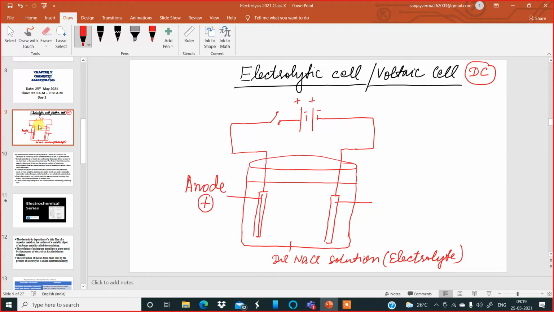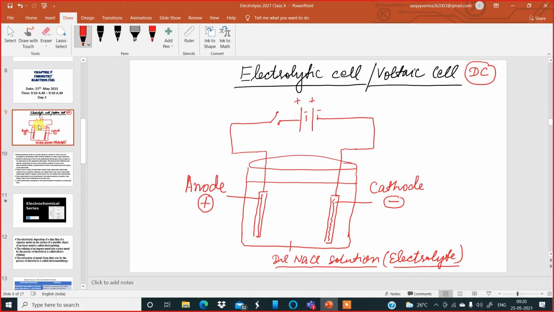The electrode which is connected to the negative terminal of the battery is called cathode, and it carries a negative charge. The dilute sodium chloride solution is called the electrolyte.